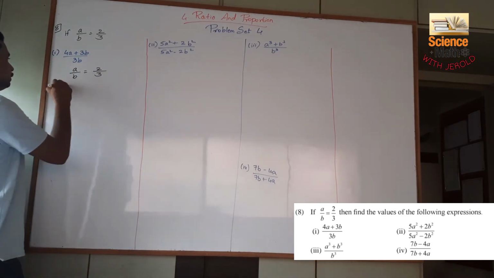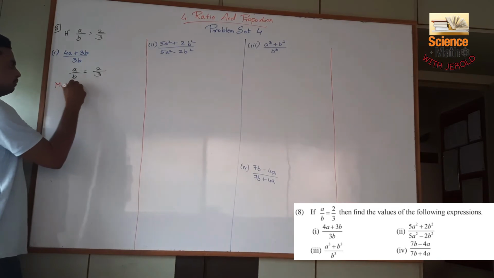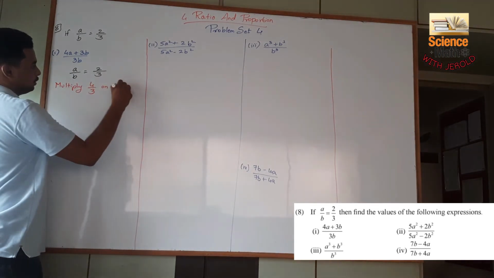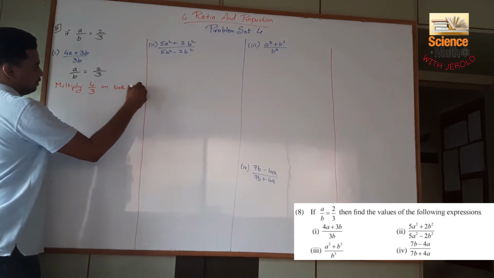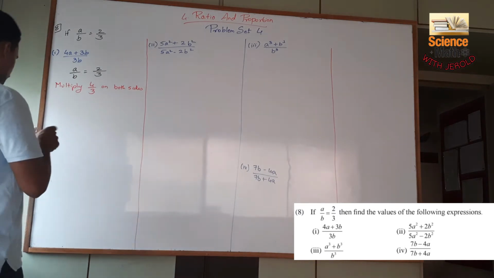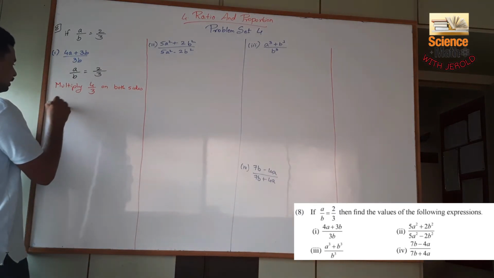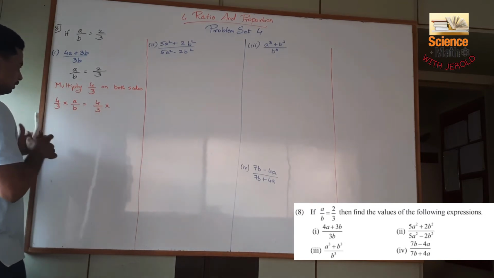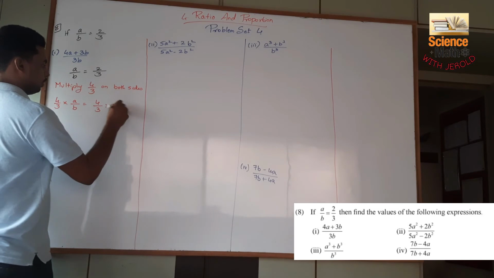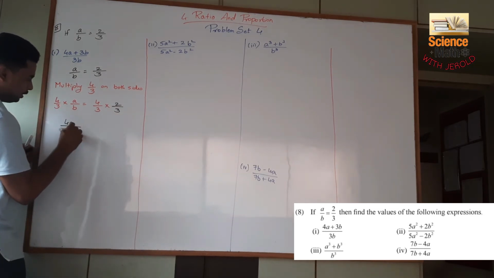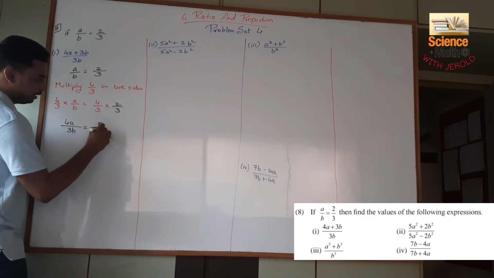First thing I will do, multiply 4 upon 3 on both sides. Now I get 4 upon 3 multiplied by A upon B is equal to 4 upon 3 multiplied by 2 upon 3. Now multiplying it, I get 4A upon 3B is equal to 8 upon 9.